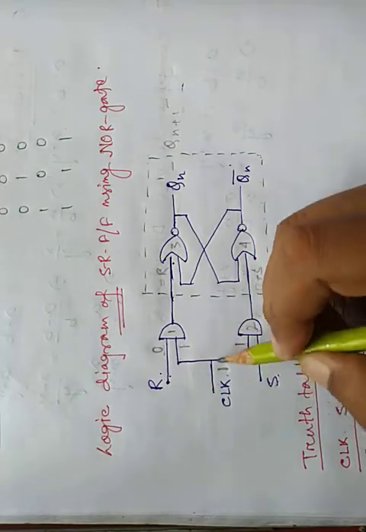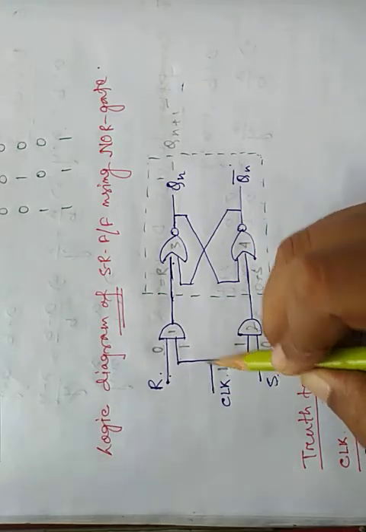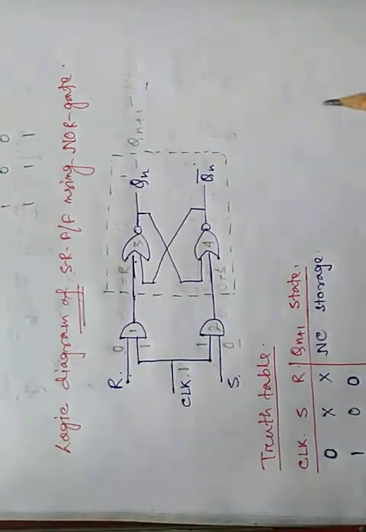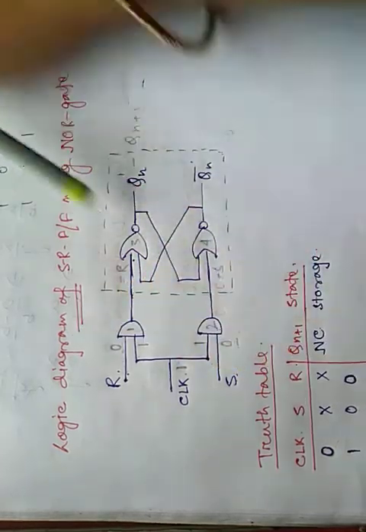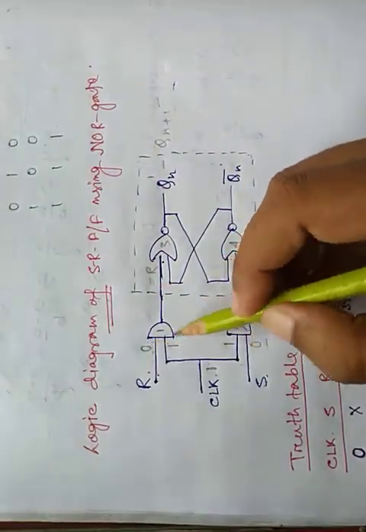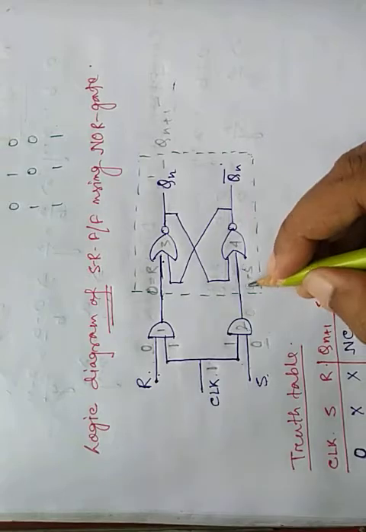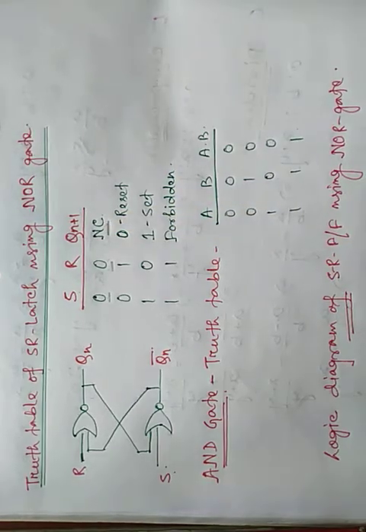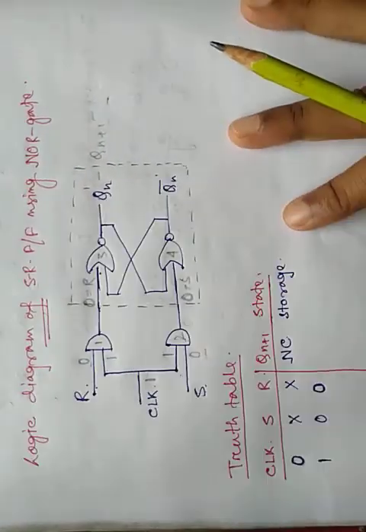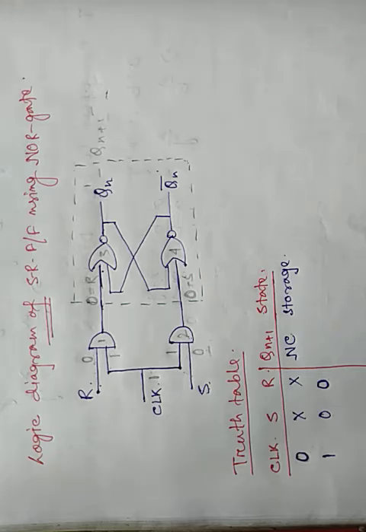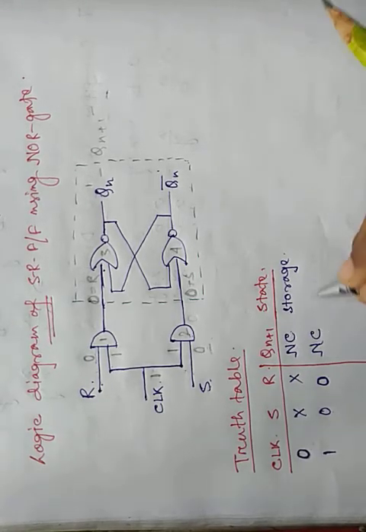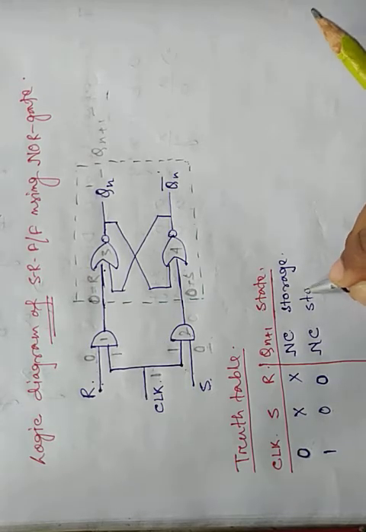Clock is 1, that means clock value is high, and the other values R and S are 0 and 0. So as one of the input signals of the AND gate is 0, obviously R is 0 and S also 0. So in our latch circuit, when both are 0, Qn plus 1 is no change. So we can write Qn plus 1 is no change. That is storage.